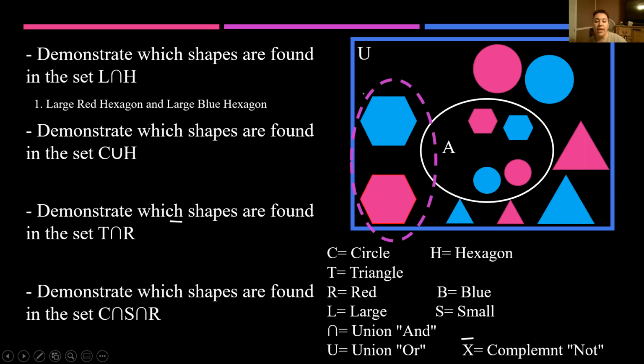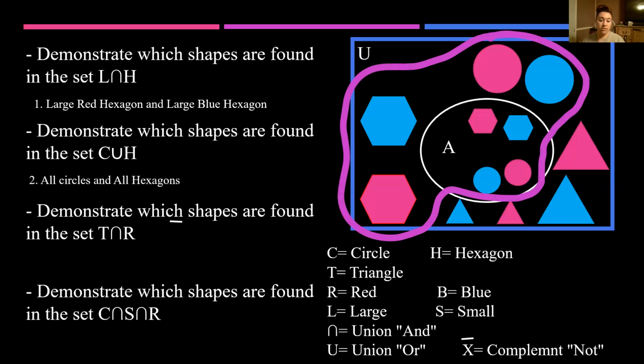Okay, so now we're going to demonstrate which shapes are found in the set C or H. Okay, so C is a circle and then H is a hexagon. So all circles and all hexagons are going to be C or H. So now demonstrate which shapes are found in the set not T, our line here is supposed to be over here, but not T and red.